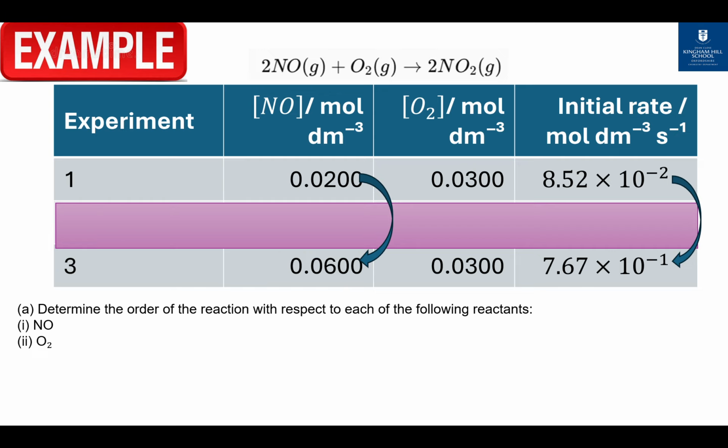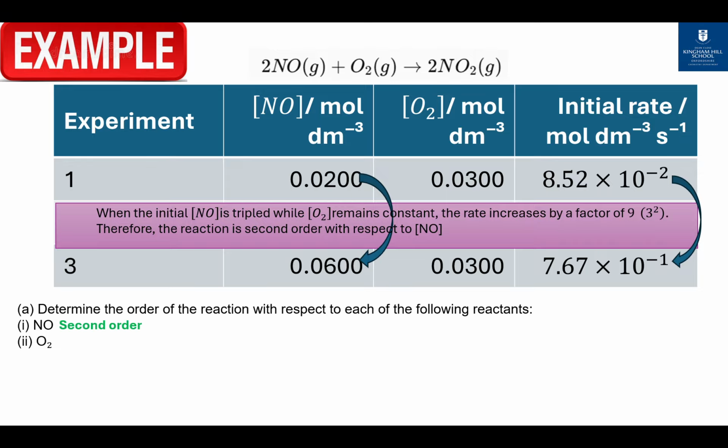So you can easily see that the initial concentration of nitrogen monoxide increased by a factor of 3, so 0.02, 0.06, and I can see its effect on the rate as well, in the last column. The rate also increased by a factor of actually 9, if you just calculate it on the calculator, or 3 squared. So when the initial concentration of nitrogen monoxide is tripled from experiment number 1 to 3, while the concentration of oxygen remains constant, which I just labeled with the pink color box here, the rate increased by a factor of 9, which is 3 squared. Therefore, we can say this is a second order reaction with respect to the nitrogen monoxide. So we get this answer for second order.